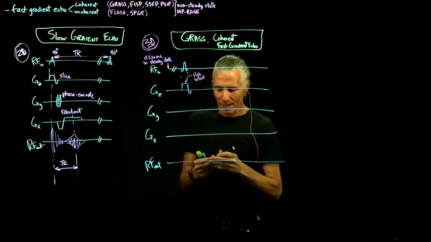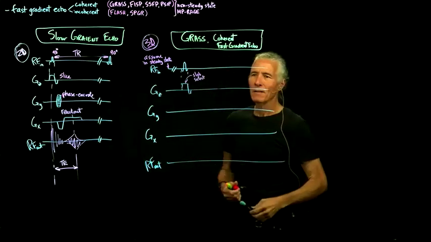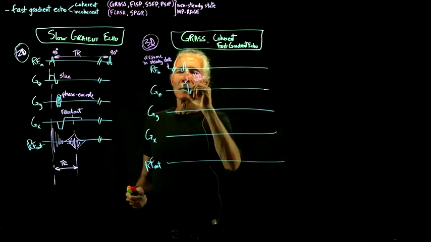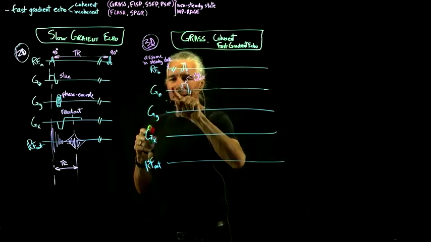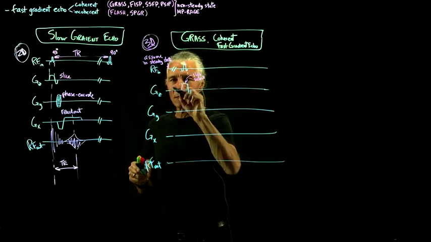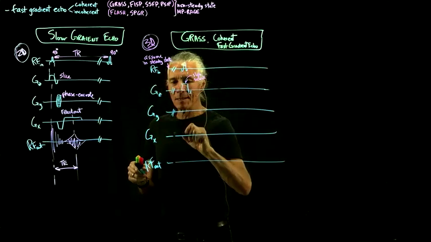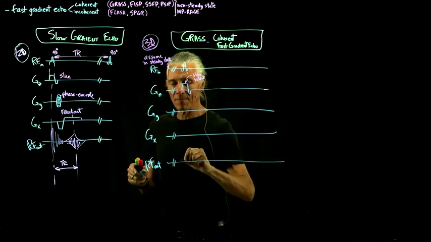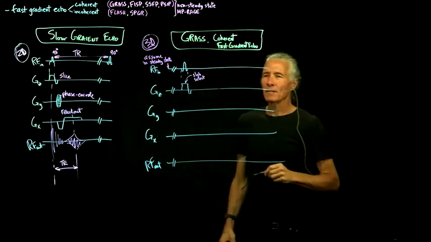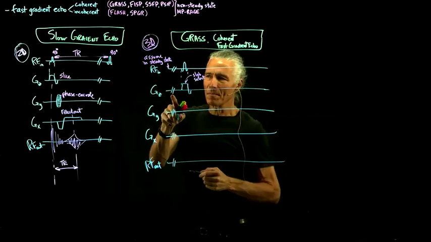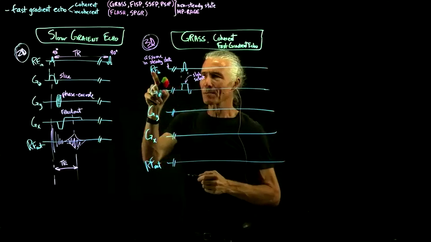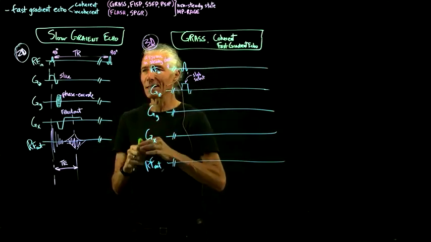But there's already something different here, and that is we're already in the steady state. So we've already been doing this for a while, and so that means that there's some magnetization sitting around already, because we're in the steady state.